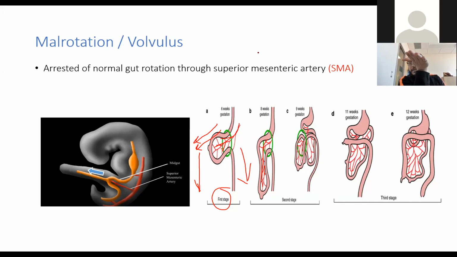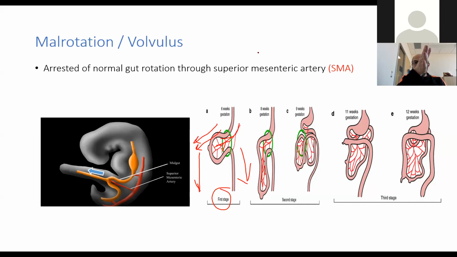So early in the development, the cecum is located on the left side. And then the bowel, what happens? Number one, it's a 90-degree rotation. So where is it located now? More at the right upper quadrant. That's the 90 degrees. If the baby has malrotation, it stops here. That's malrotation, where you find the cecum in the right upper quadrant.